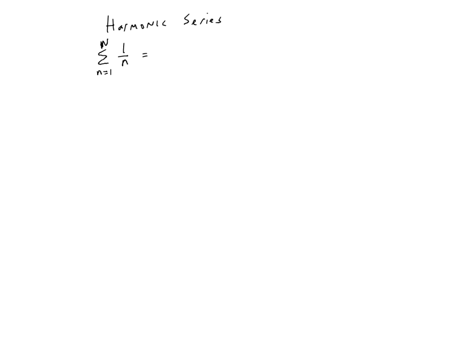So the nth term is going to go to 0, but before you get there, you're going to have 1 plus a half plus a third plus 1/4, etc. And the last term is 1 over n equals s to the n. If you take this to infinity, of course, it disappears.